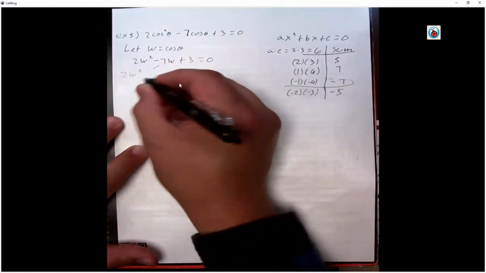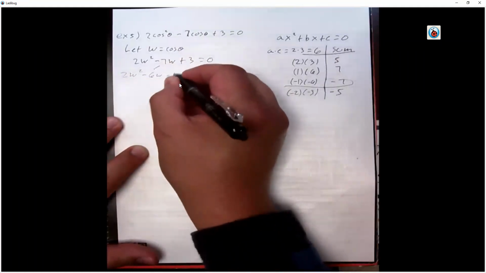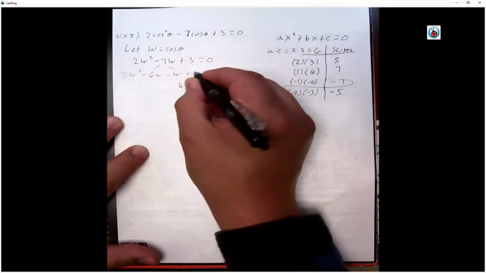So the middle one will break into minus 6w minus w plus 3.